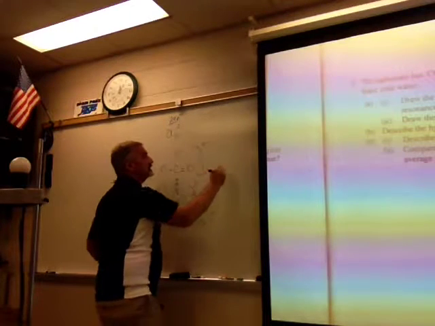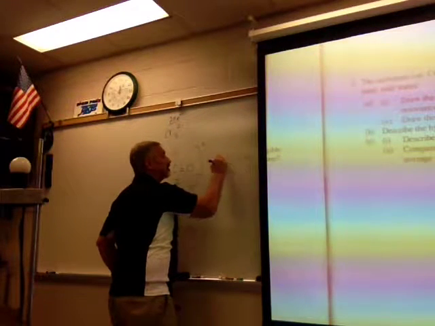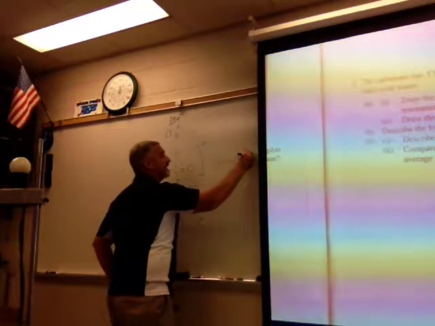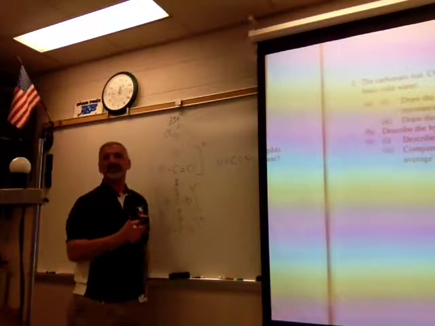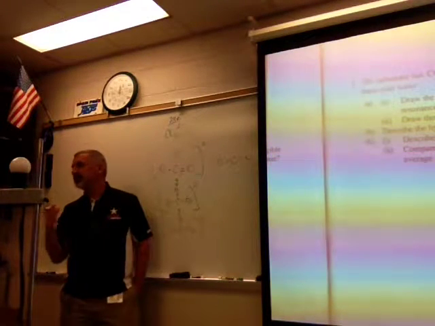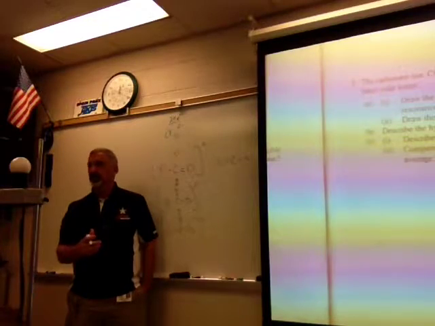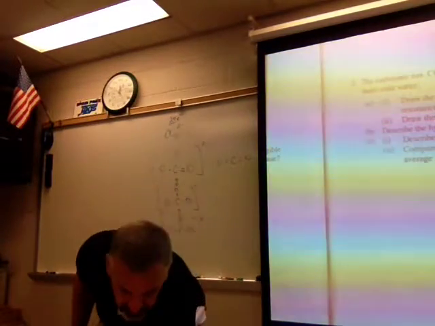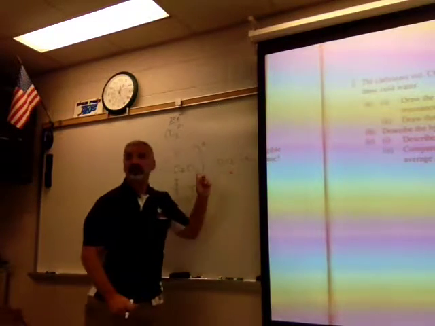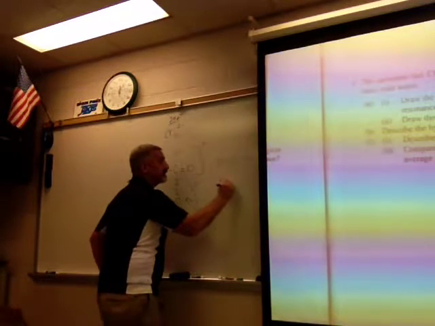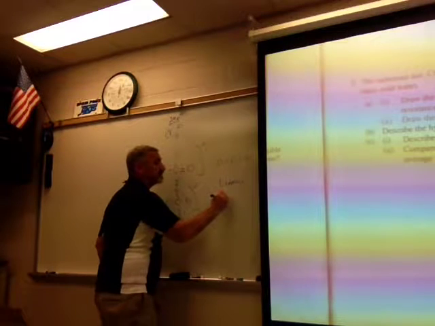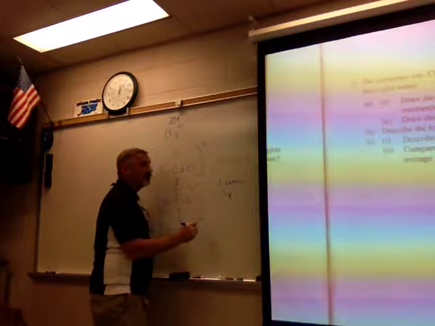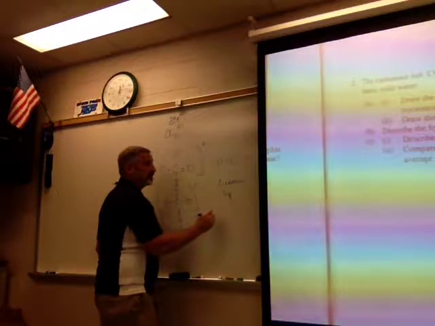So then CO2, and y'all, we need to know everything and anything about CO2. That is the one thing that they use in AP all the time. So you want to go through and ask, what's the shape going to be? Linear. What's the type of hybridization? SP. Is it polar or nonpolar? Why?